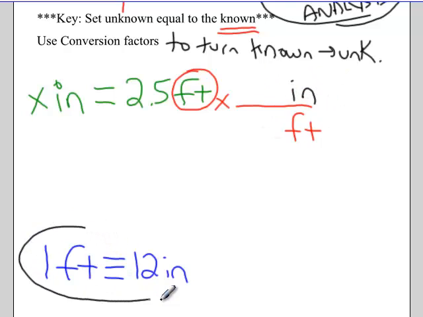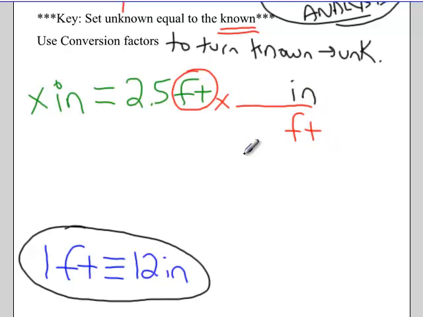I'm using this relationship, and notice it's very important to notice I put in the units, but I haven't put in any numbers yet. The most common mistake with this technique is to put in numbers before you're ready for them. You cannot put in numbers until you know what the units are.